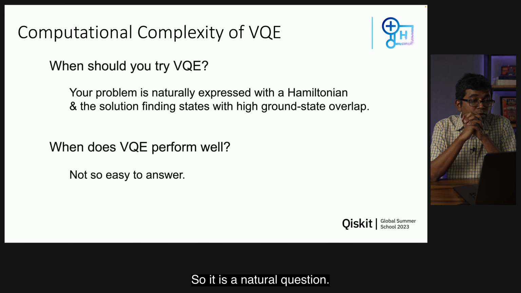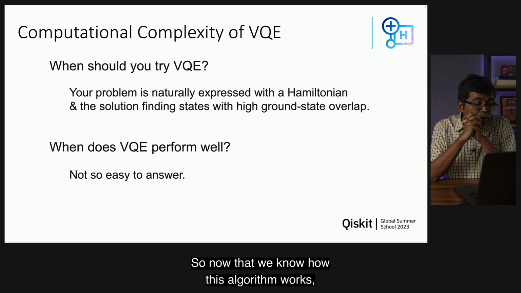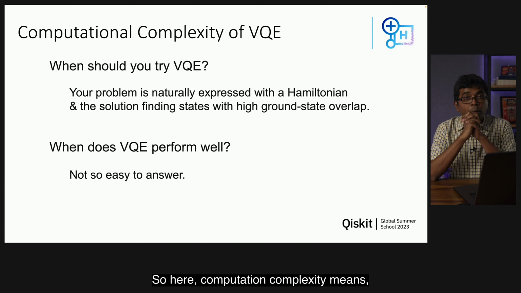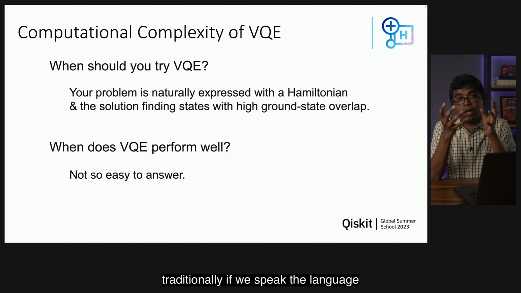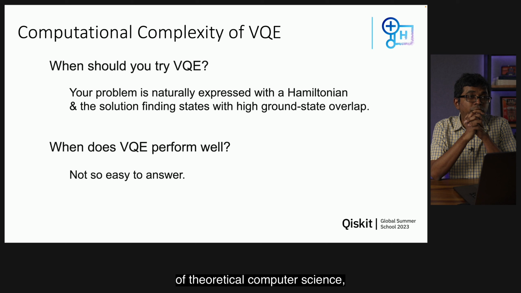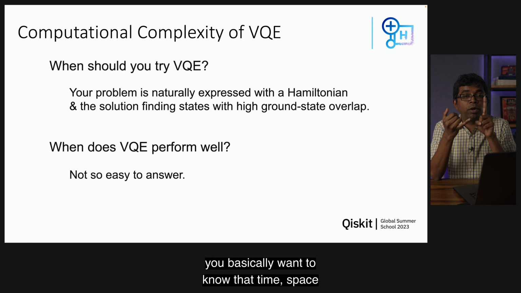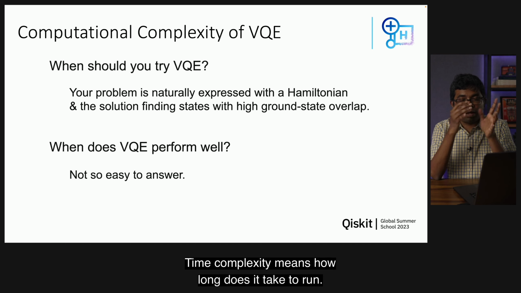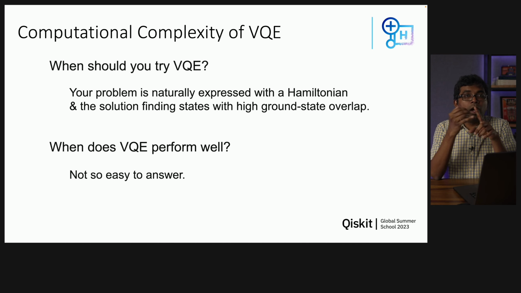Now that we know how this algorithm works, it's a natural question: what is the computational complexity of VQE? Here, computational complexity means, traditionally, if we speak the language of theoretical computer science, you basically want to know the time, space, and sample complexity of an algorithm. Time complexity means how long it takes to run.